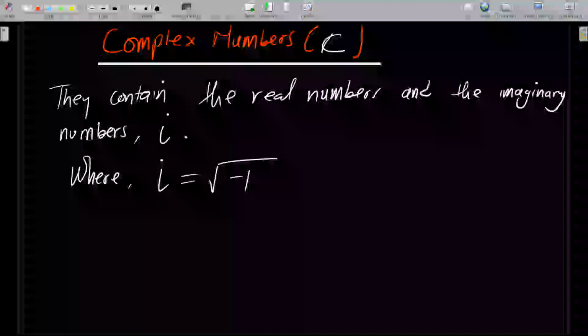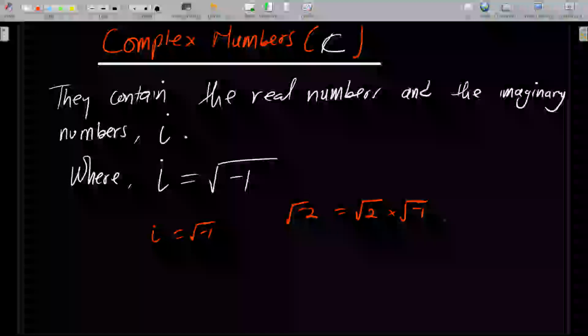The imaginary number is represented by i, which is the same as square root of -1. If I have square root of -2, this is the same as square root of 2 multiplied by square root of -1, which in complex numbers is square root of 2 times i.